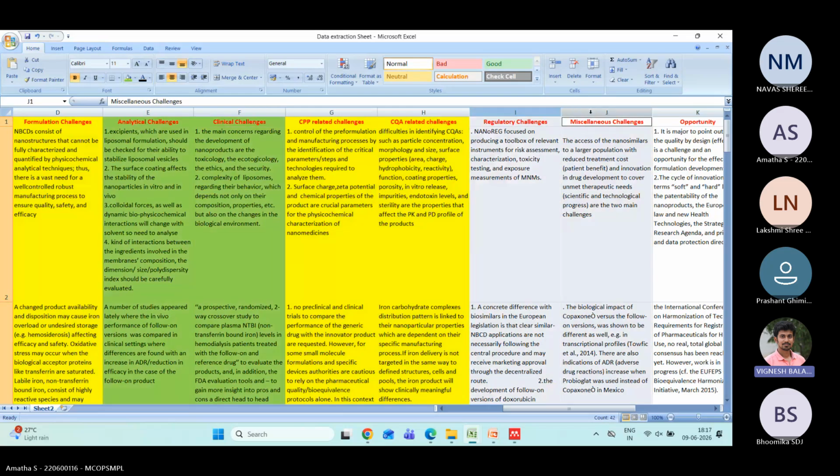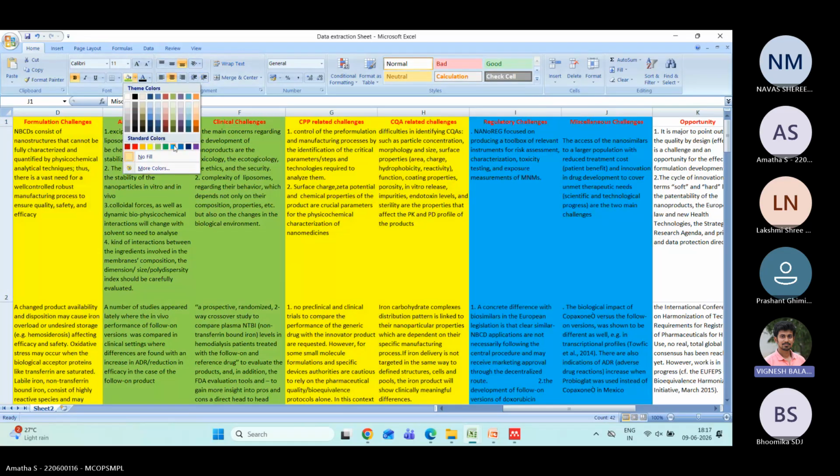Here miscellaneous mainly they are talking about the cost, the economic benefit and all. So here we are putting another category, called, for example, socio-economic challenges. So now from the data extraction sheet, I have nearly 7 types of challenges.